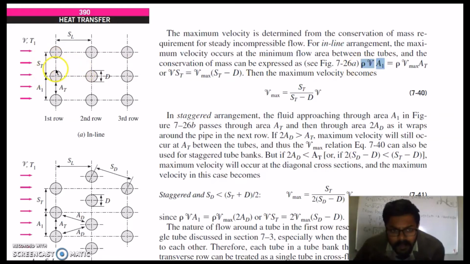On this area the mass rate is density into maximum velocity into area of this. So you will get a relation between velocity and maximum velocity. So maximum velocity is equal to S_T by this factor times V. So this is your maximum velocity. Once you have the maximum velocity, you can find the Reynolds number corresponding to this maximum velocity.